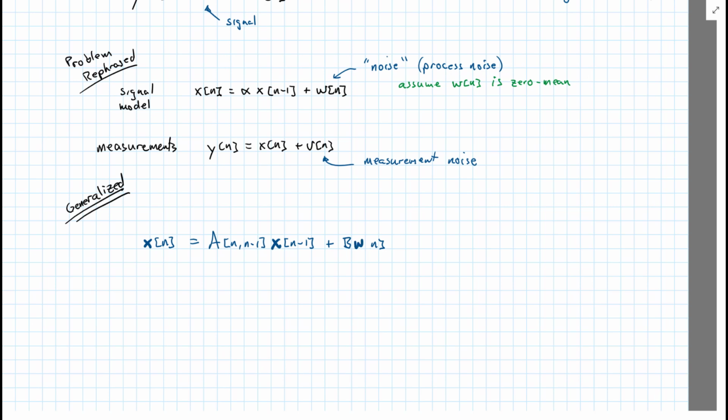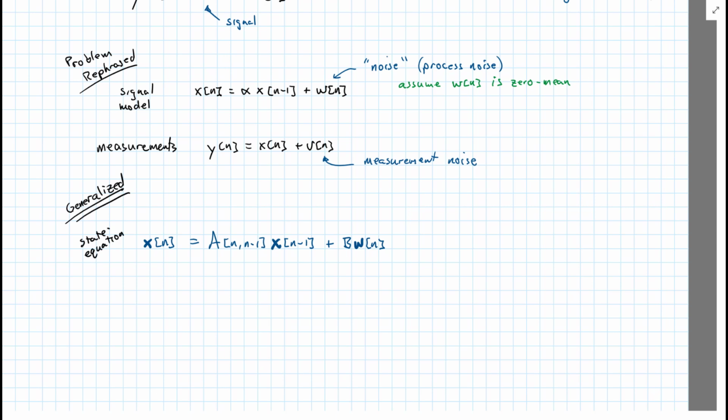we now have a more general case where we have x of n is equal to a matrix A, and that matrix can maybe change with time, times x of n minus 1 plus another matrix B times a vector of noise. And we're going to call this the state equation.